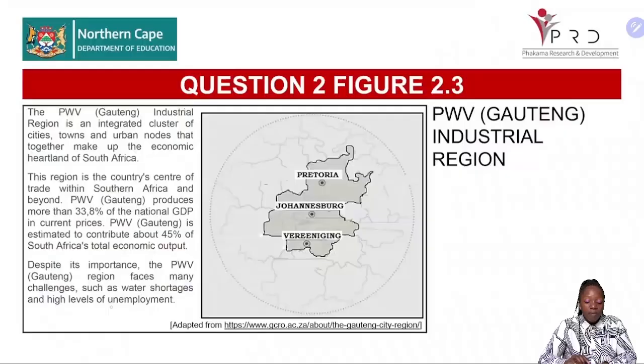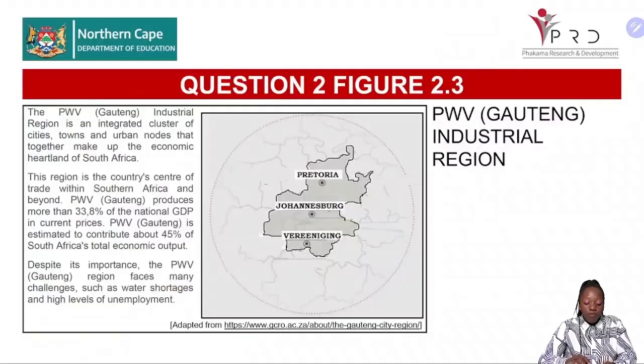As it says, the PWV Gauteng Industrial Region is an integrated cluster of cities, towns, and urban nodes that together make up the economic heartland of South Africa. This region is the country's center of trade within Southern Africa and beyond. The PWV, which is Gauteng, produces more than 33.8% of the national GDP in current prices.